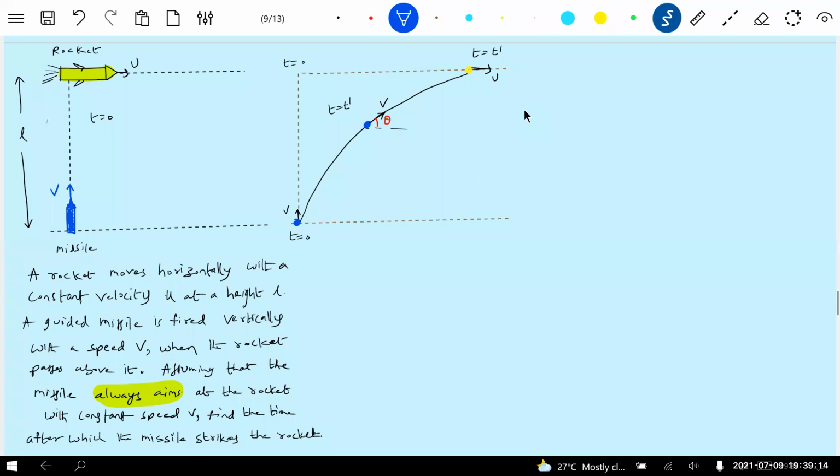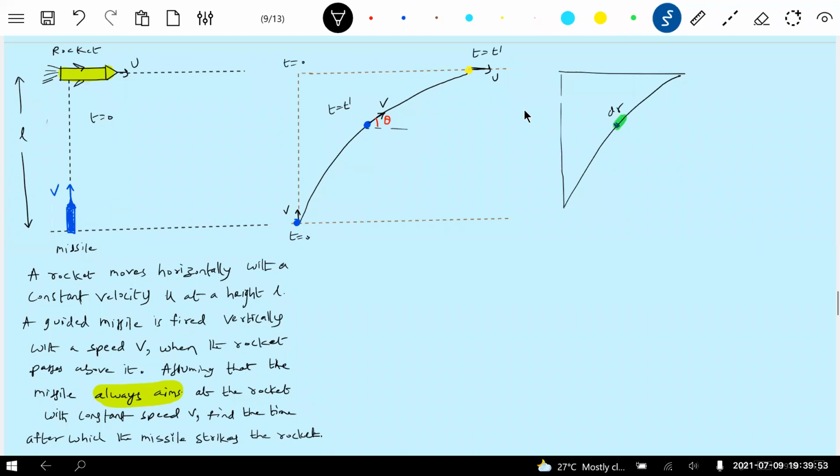Now look at the distance between them. The distance is what we'll take. This is dr. This distance will be dr. Okay, I agree with this.